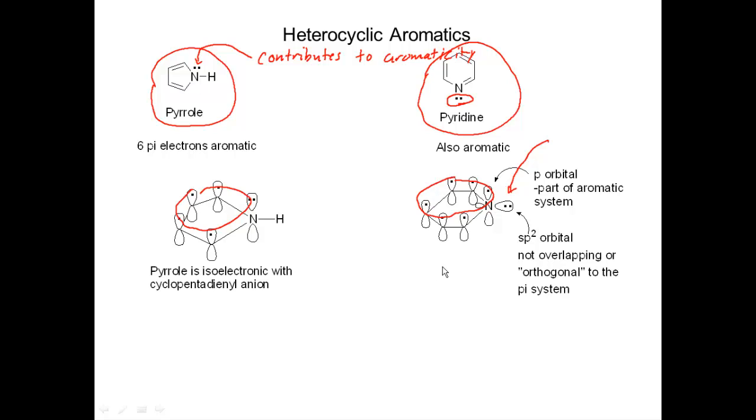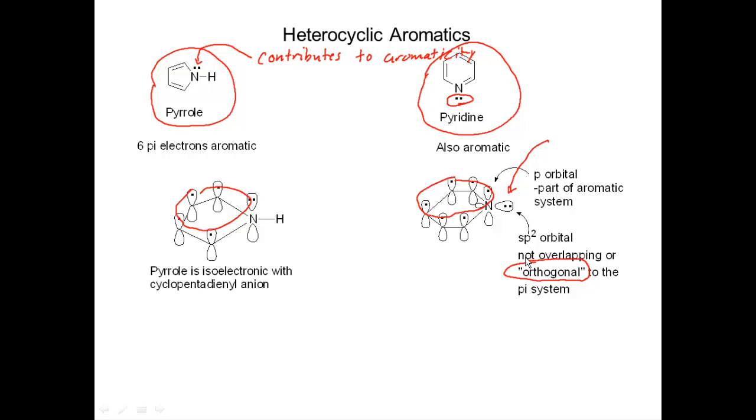We're going to use the word orthogonal to describe the relationship of that lone pair to the rest of the pi system. So throughout the rest of this, we're going to refer to nitrogens as being pyrrole-like if their lone pair is contributing to the aromatic system, and we're going to refer to them as being pyridine-like if they're orthogonal to the aromatic system and not contributing.